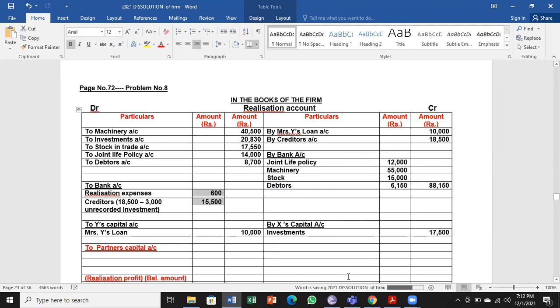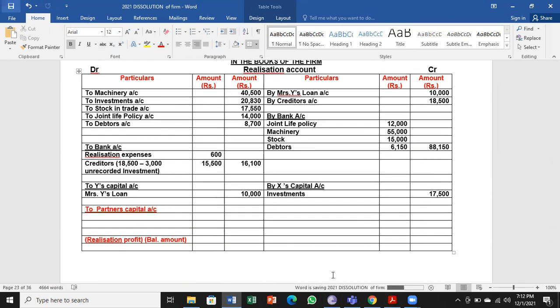Liability paid is 15,500 plus 600, that comes to 16,100 total expenses and liabilities paid. So if you look at the entries, which side is more? It is looking like credit is more.